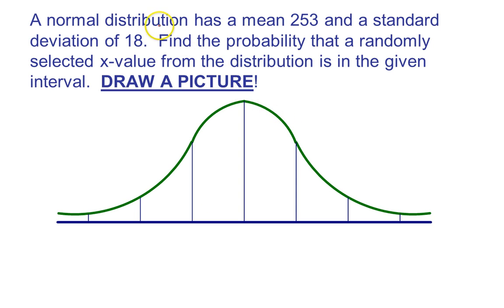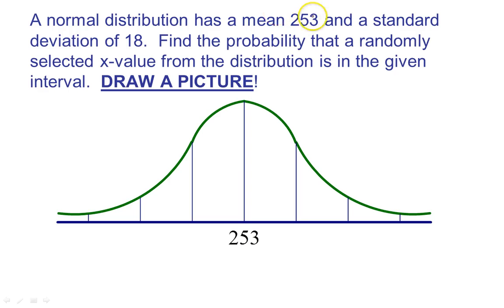Now, a normal distribution has a mean of 253 and a standard deviation of 18. Find the probability that a randomly selected x value from the distribution is in the given interval. Draw a picture. I think we need to put these numbers in the picture.